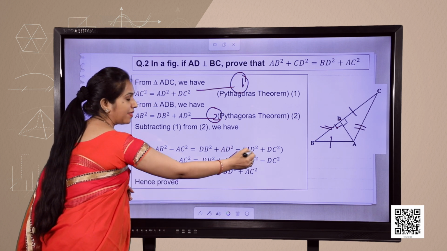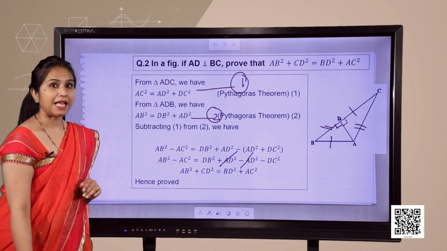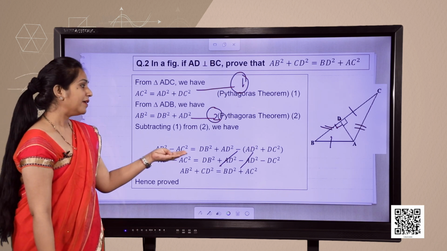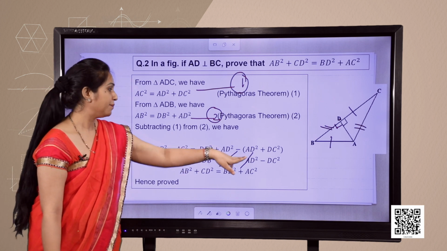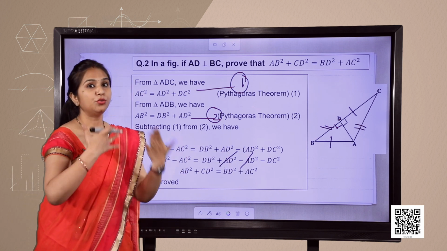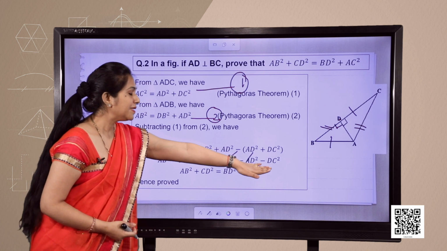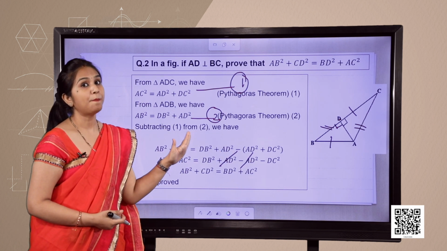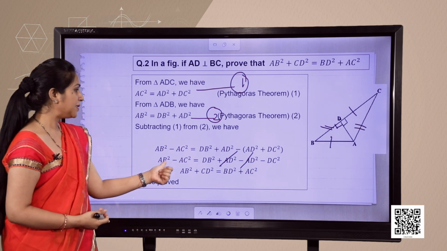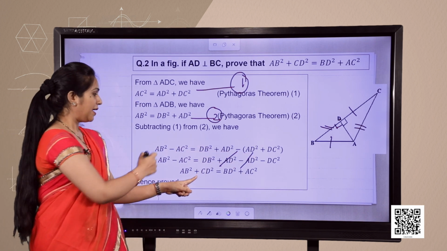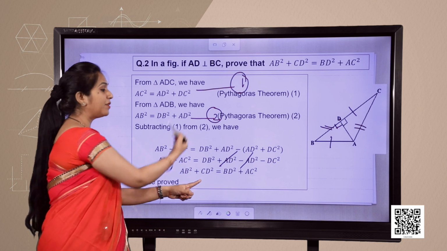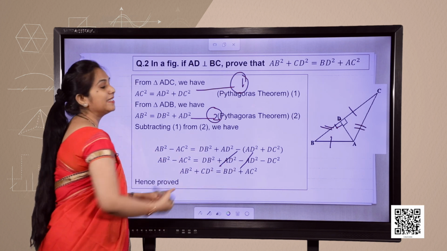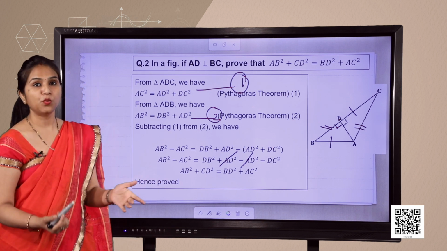Children, the positive and the negative terms get cancelled, and we are left with AB square minus AC square is equal to BD square minus DC square. So now do the transposition, bring this DC square from right to left, and when you are shifting it, the sign becomes positive. So here we have AB square plus CD square, and now shift this AC square from left to right, again it becomes positive. So here we have BD square plus AC square, hence proved.